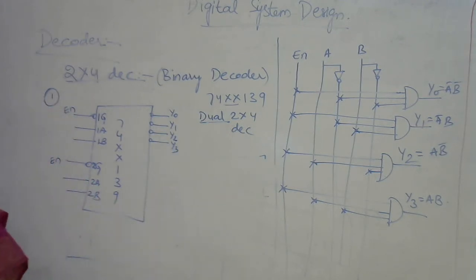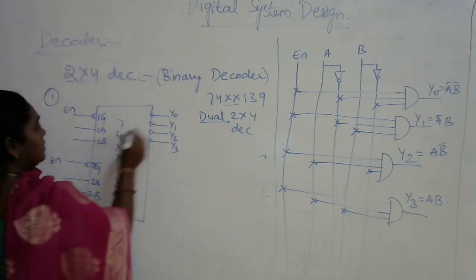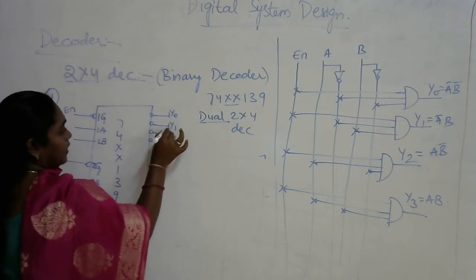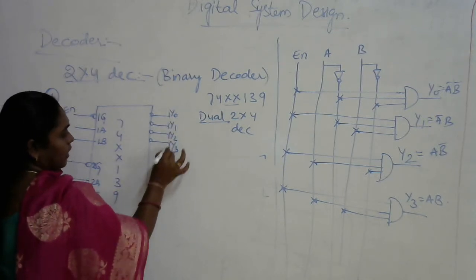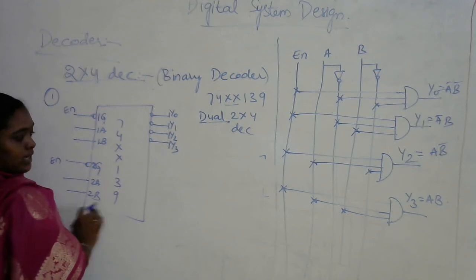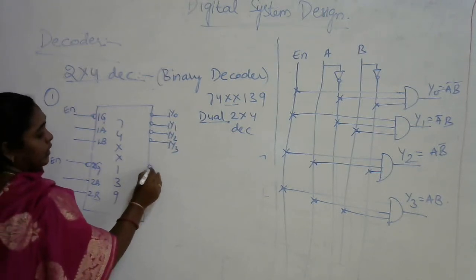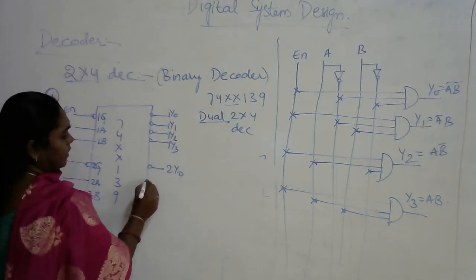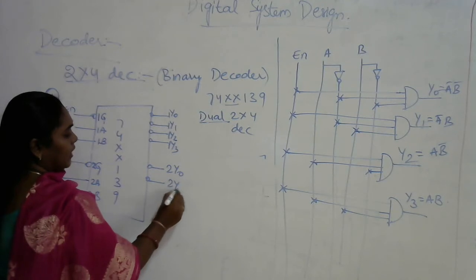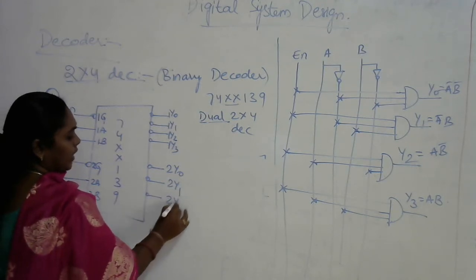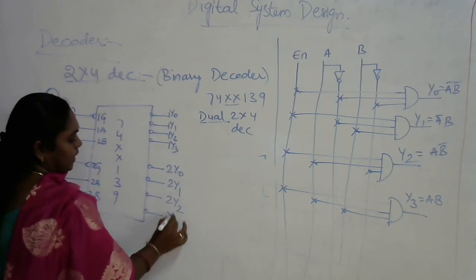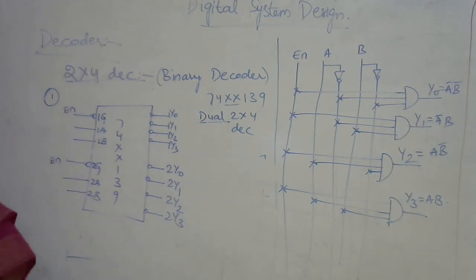Or we can represent in the other way as 1Y0, 1Y1, 1Y2 and 1Y3. Similarly for the second 2 by 4 decoder, it is 2Y0, 2Y1, 2Y2, 2Y3. This is an IC for 2 by 4 decoder.